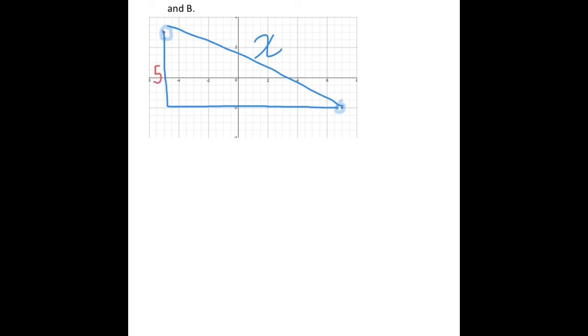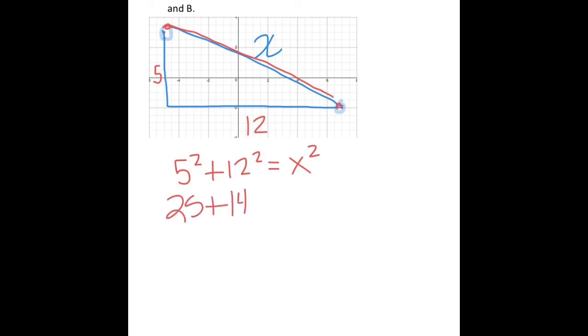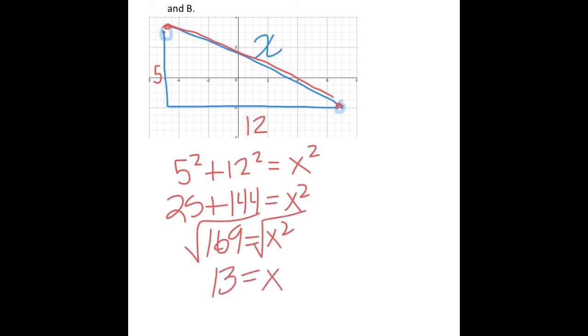This side represents a distance of 5 units. 1, 2, 3, 4, 5, 6, 7, 8, 9, 10, 11, 12. This side represents a distance of 12 units. And plugging that into the Pythagorean theorem, I can find the measurement of the distance from A to B. 25 plus 144 equals x squared. 169 equals x squared. Taking the square root of both sides, I find out that the distance from A to B is 13 units.